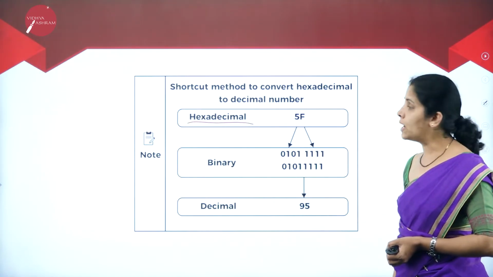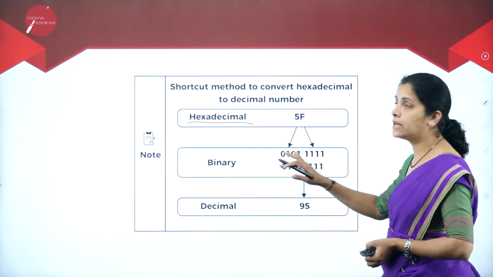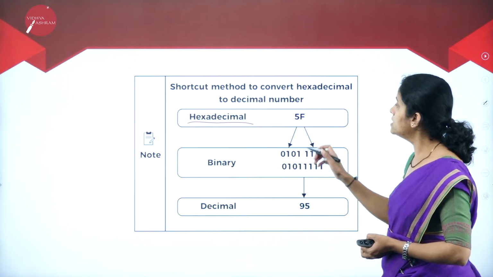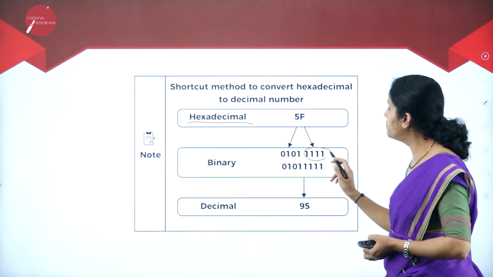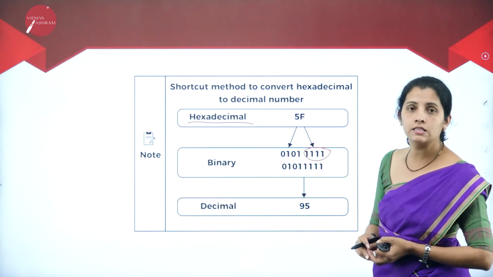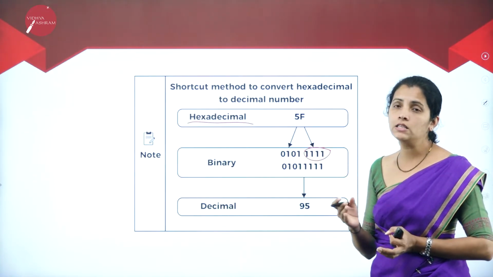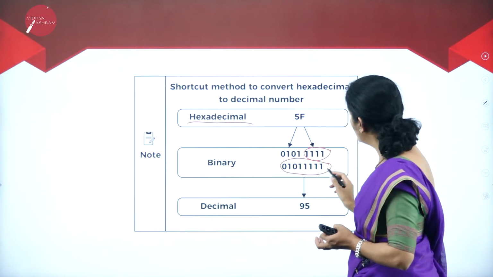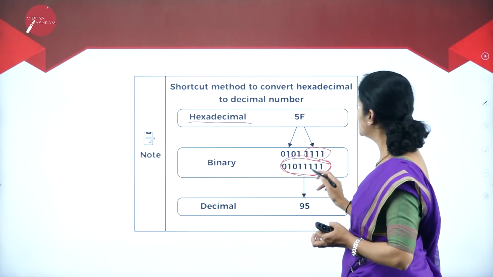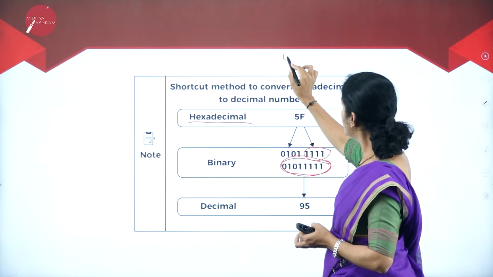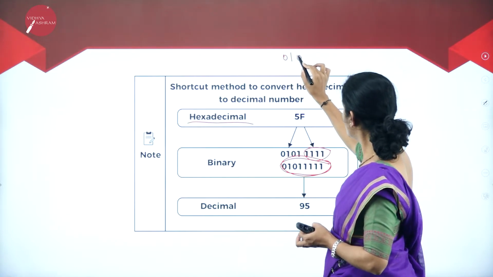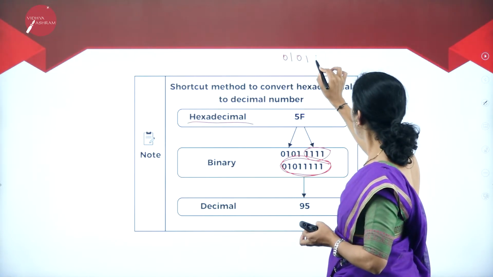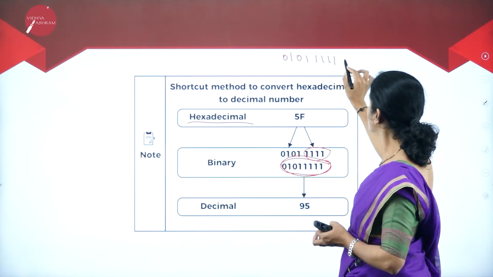Now what will I do? I'm going to write the binary equivalent. That is, F is nothing but 1 1 1 1, and 5 is nothing but 0 1 0 1. Now I'm going to consider all the bits together. I'll start writing 0, 1, 0, 1, 1, 1, 1, 1.